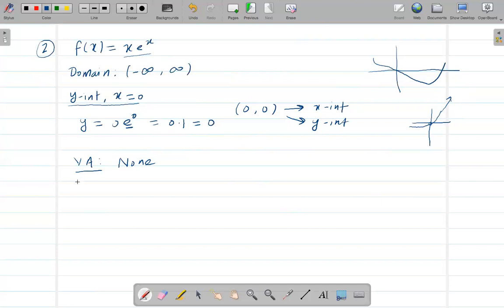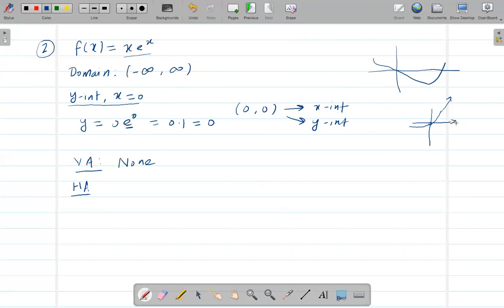And for the horizontal asymptote, it's a little bit tricky, but not that tricky. A horizontal asymptote is a horizontal line which this graph is never going to touch, right? So let's analyze this. We know that this is going towards infinity on the right hand side.